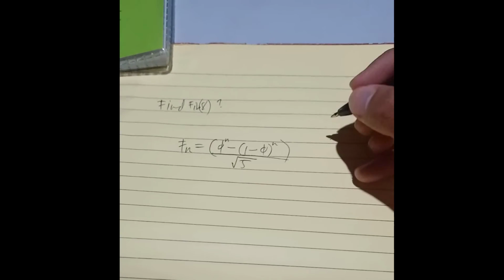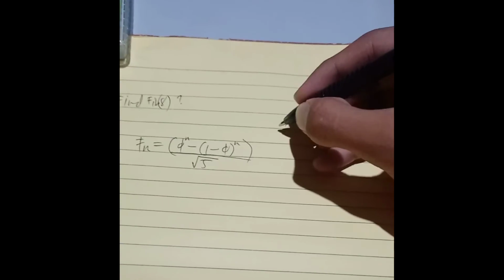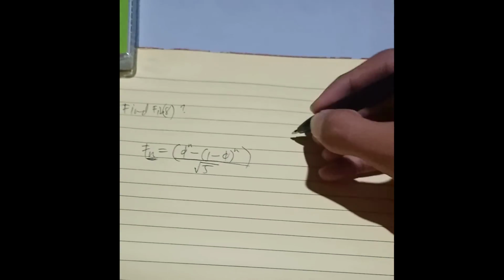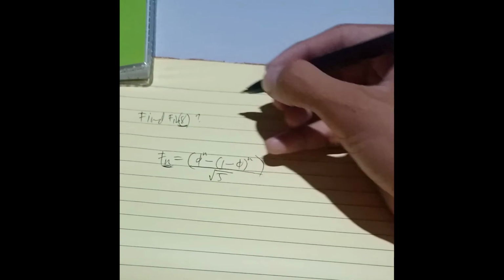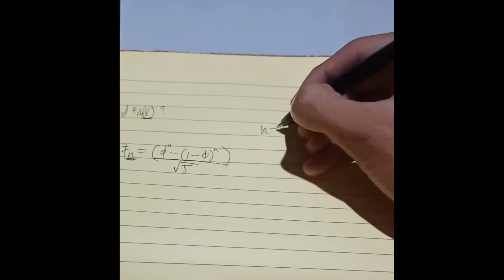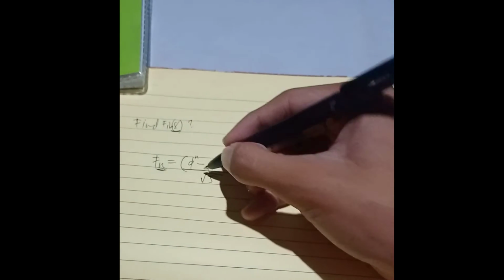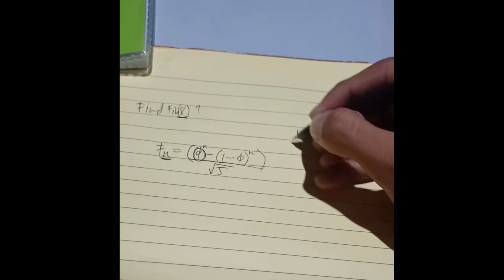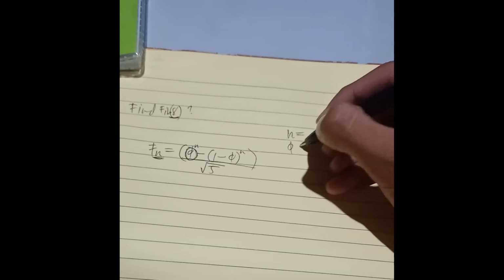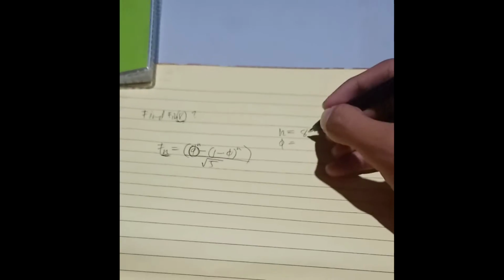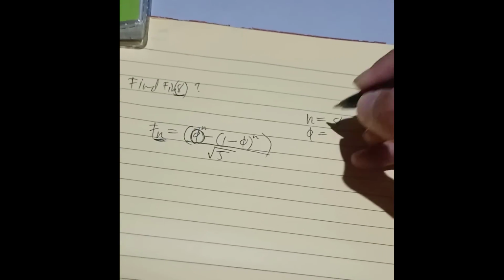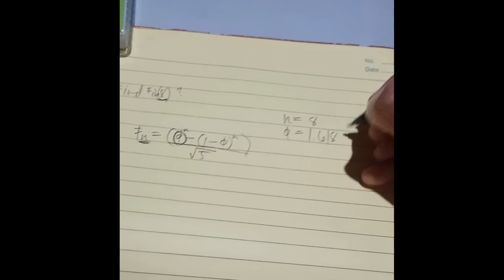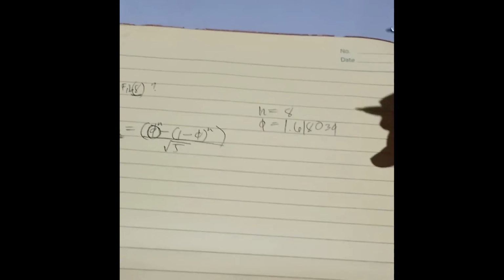For finding the nth term, what we need first is the value of n. And the term we are finding is the 8th term, so n is equal to 8. Then what is the value of phi? In this particular formula, the value of phi that we are going to use is 1.618034.